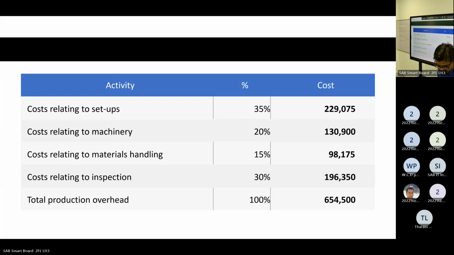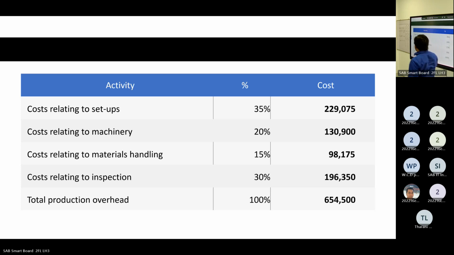Right? You can check that. So 35% of the total cost, 229,075 setup, and machinery related 130,900, material handling 98,175, inspection related 196,350, right? Yes, the total cost divided proportionally.